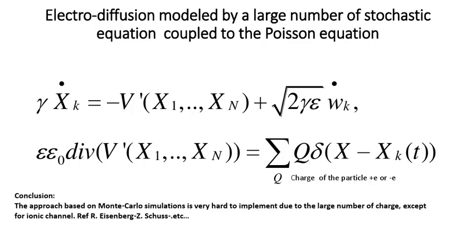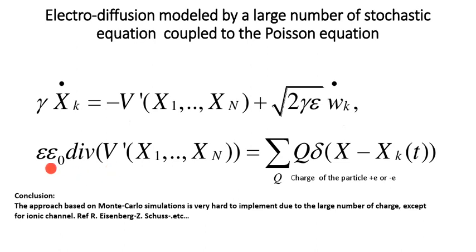This stochastic description leads to the following ensemble of equations. If we want to follow each particle, each ion, then the velocity equals the forces plus the friction, plus the Brownian fluctuation forces. And then this equation has to be coupled to the Poisson equation, which is an equation for the voltage.